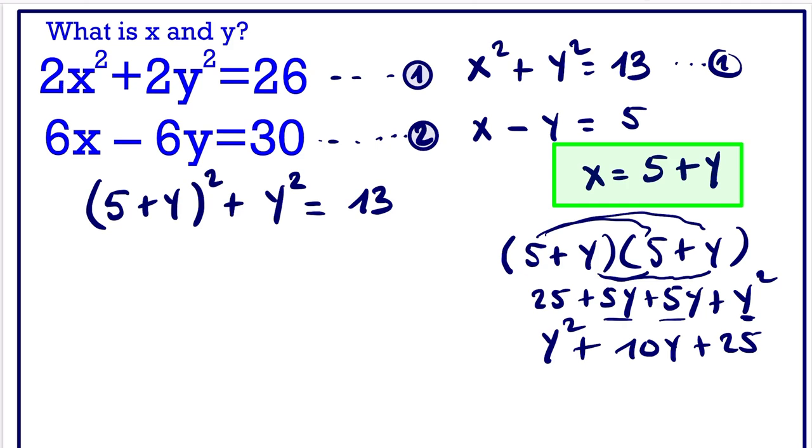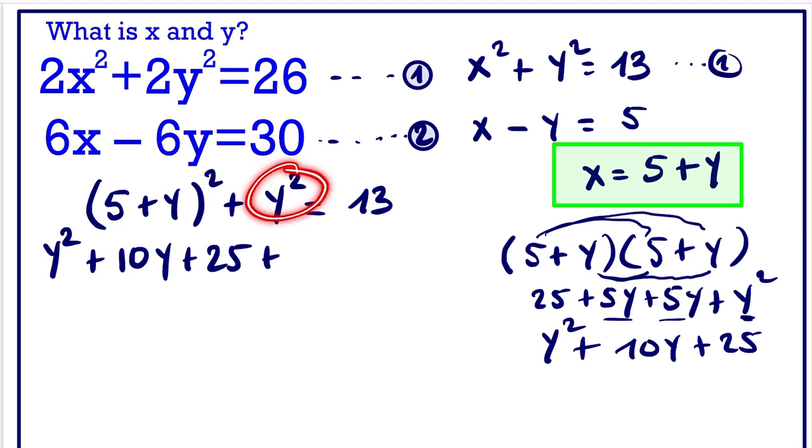So in this part, we are going to represent it with this. This will simply be y squared plus 10y plus 25, plus this y squared, equals 13.